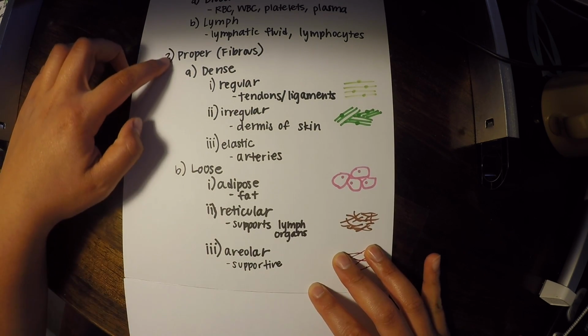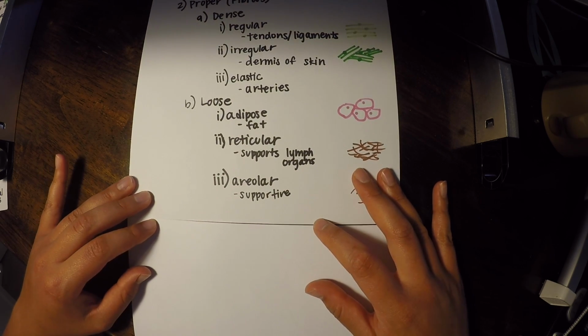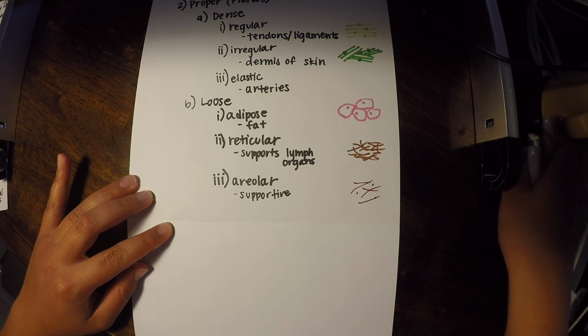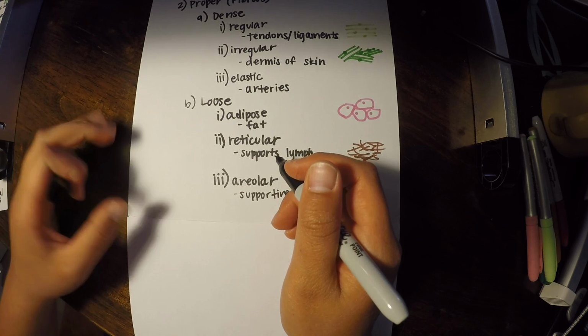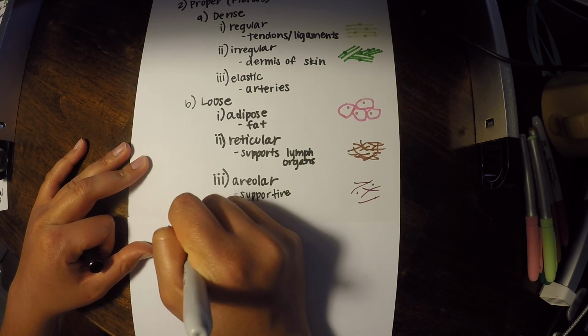So this is where our number 2 is. I'm going to go down to the same spot so it's organized nicely in my brain. And we're going to draw out number 3, the third type of connective tissue, which is supportive.